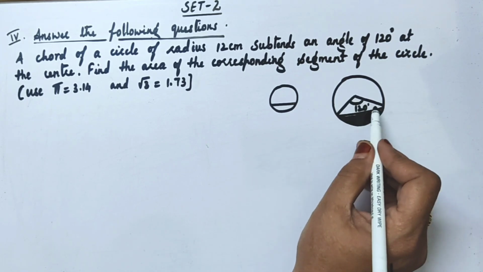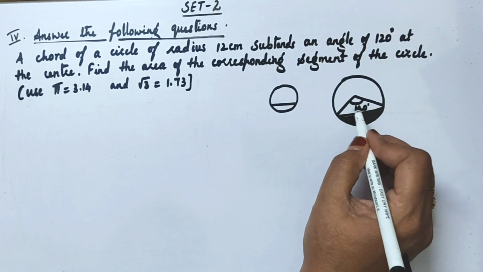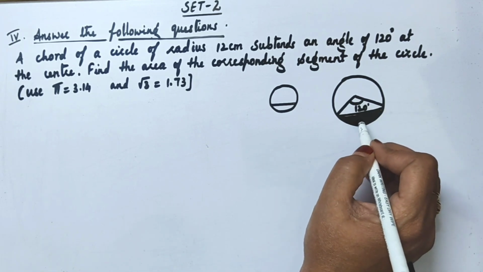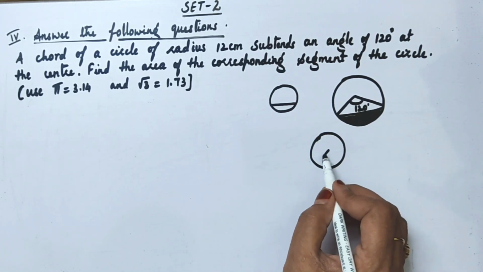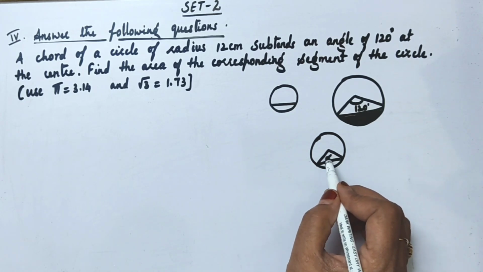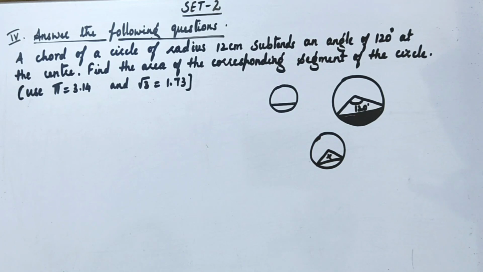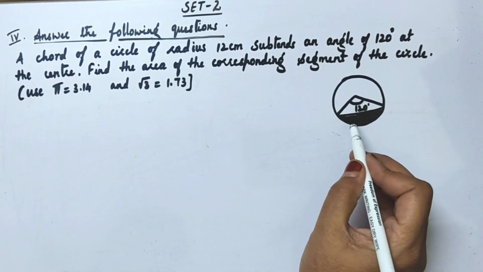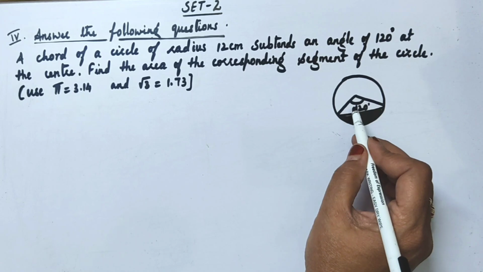Here we have got a triangle. If you do sector minus triangle, I am going to get the segment. Say this is a circle, this is a sector, minus triangle. If I cut off this, I am going to get the segment part. So here we have sector minus area of triangle.